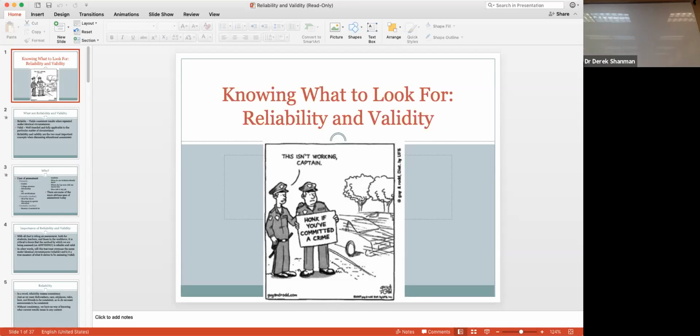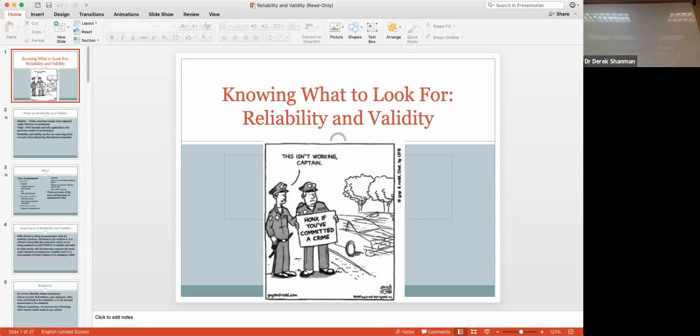The validity there is the if-then statement. If that if-then statement is not accurate, if it's not applicable, then I don't have validity. If I score well on this reading test, then I go into this reading group. If I then fail in that reading group, then that score was not predictive of my success. You guys got that?